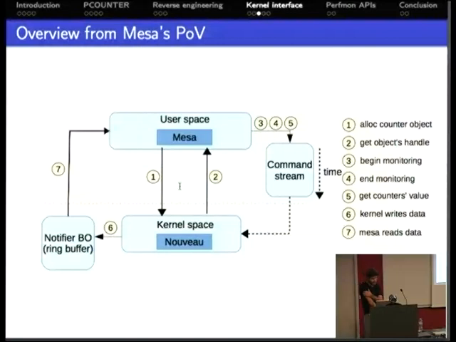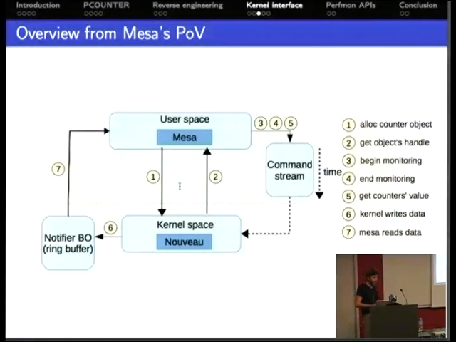After, we can start a monitoring session, and then we can, for example, render a frame on the GPU. After, we have to stop the monitoring session. Then, in step number 5, we have to expose the value of the counters to the user space. Basically, the kernel writes data to a notifier buffer object, which is a ring buffer, and Mesa can read them back.